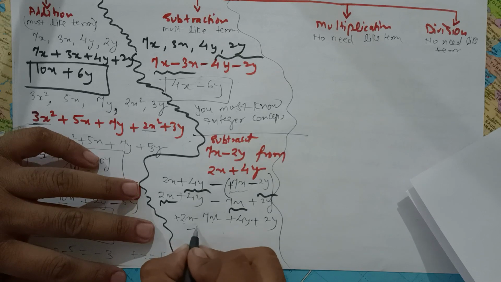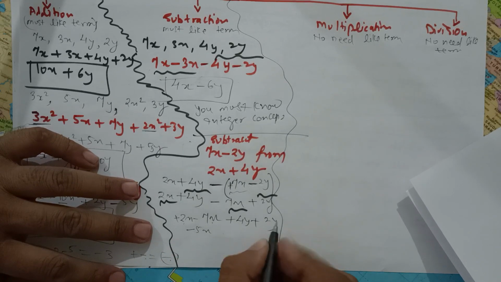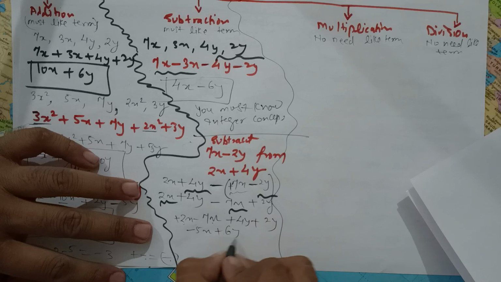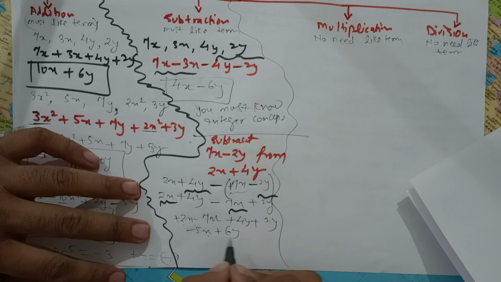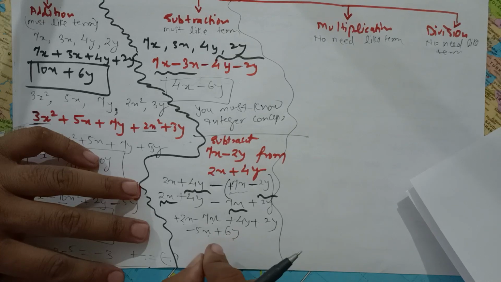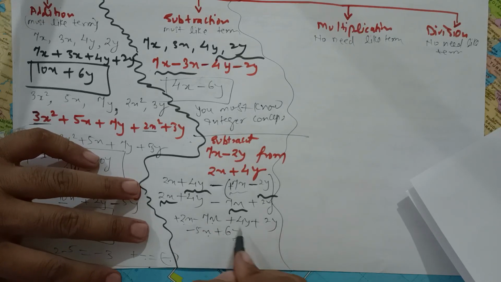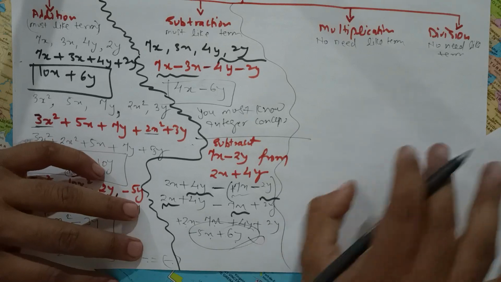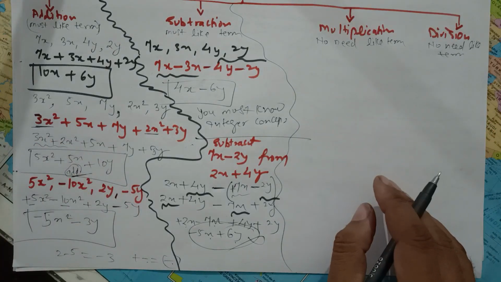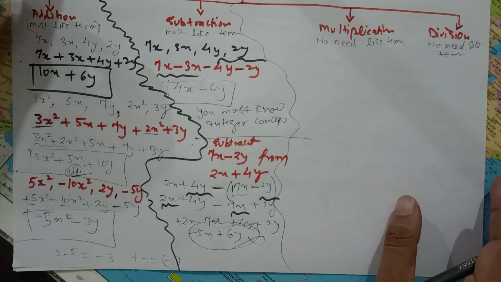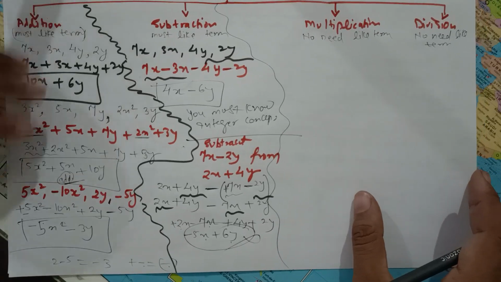So 2 minus 7 is minus 5x, plus 4y plus 2y is 6y. And this term and this term cannot be added because they have different variables. Right? So this is the way you can subtract in algebra.